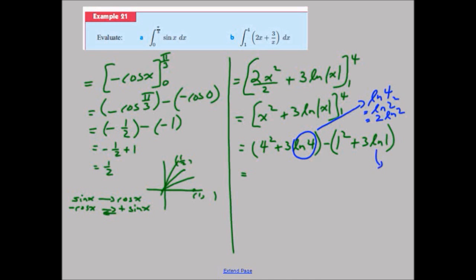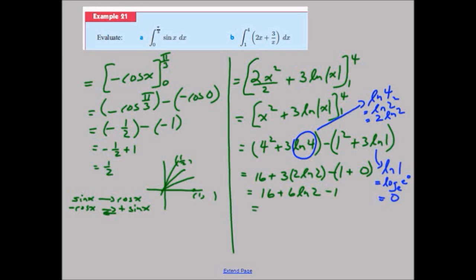And ln 1 is equal to log base e of e to the 0. Okay, so 1 is e to the 0, so therefore that's just equal to 0. Okay, that will simplify things considerably. So we've got 16 plus 3 times 2 ln 2, subtract 1 plus 0. 16 plus 6 ln 2, subtract 1, 15 plus 6 ln 2.